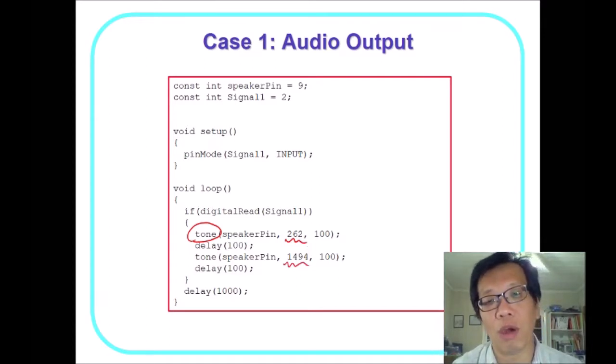We play the tone for a certain amount of time, 100 milliseconds, and after that we stop for another 100 milliseconds. If you play this, you're going to hear it's like the sound of an ambulance, so you can try it and see whether it works.